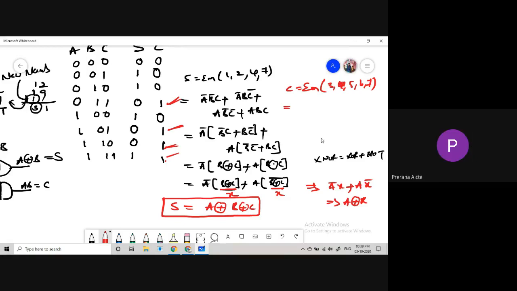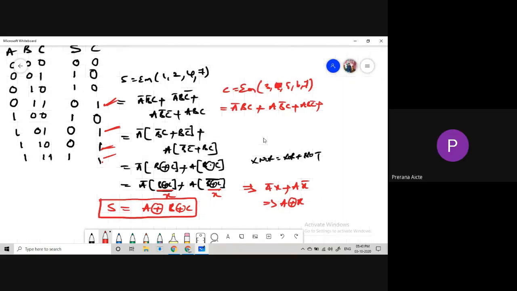So 3 is nothing but A bar B C. Then A B bar C. Then A B C bar. And then A B C.